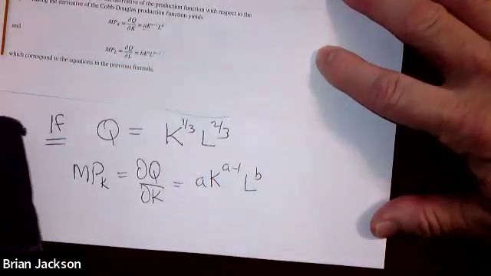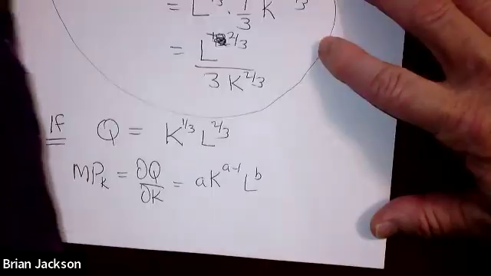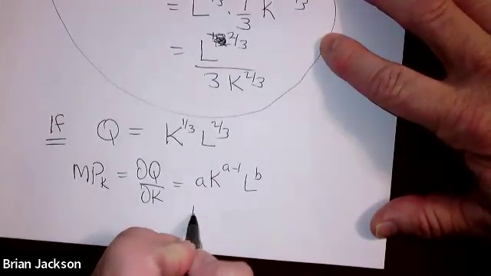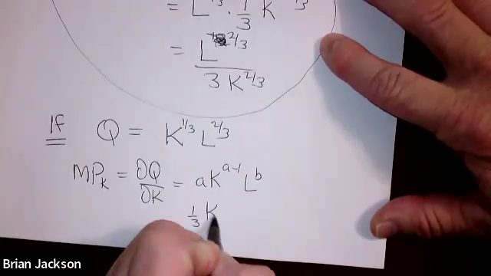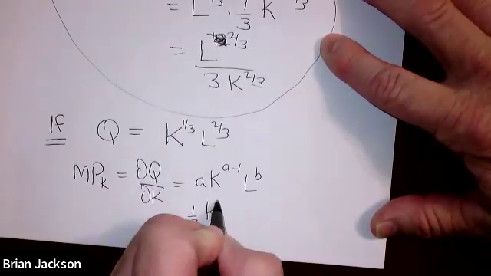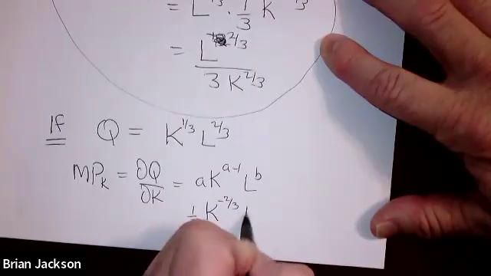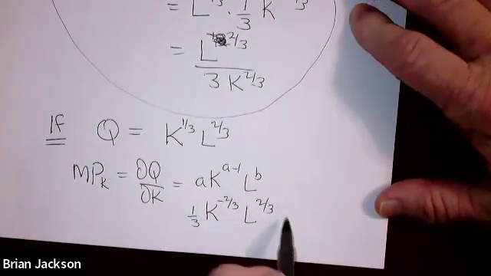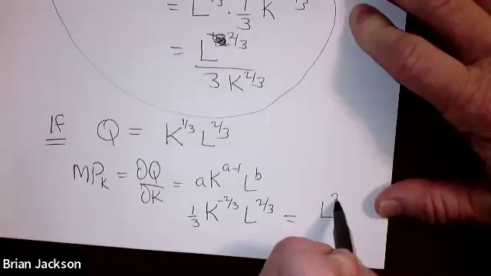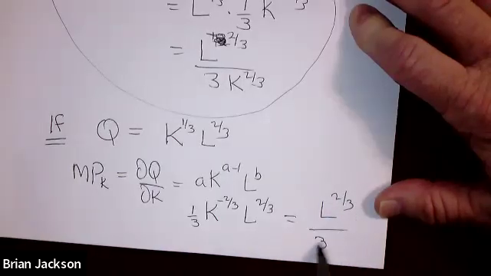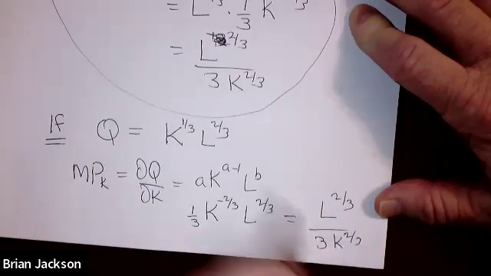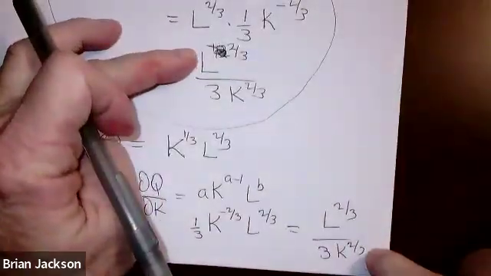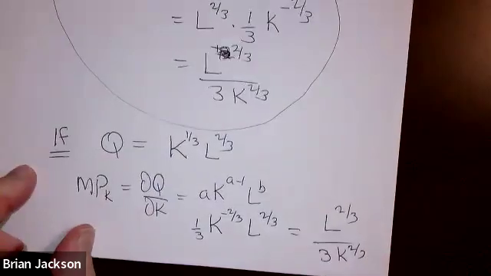That's what they're saying. So this would be 1/3 K to the 1/3 minus 1, which is negative 2/3, L to the 2/3, which is again L to the 2/3 over 3K to the 2/3. That's what we got right here.